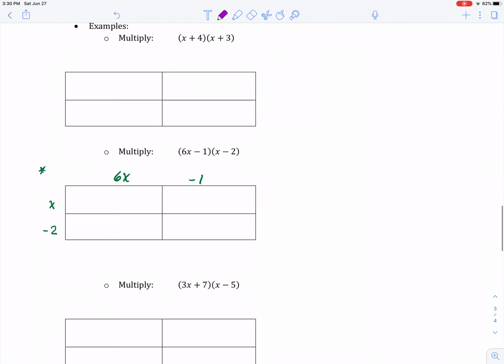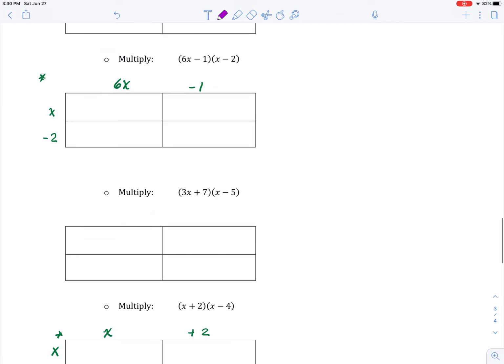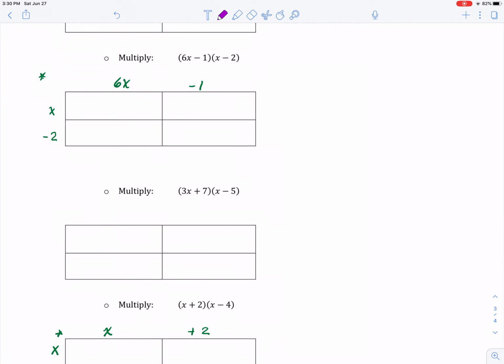All right, let me show you one more that's just a binomial times a binomial. So we'll do x times 6x, 6x to the second. I'm adding the 1 plus 1. X times negative 1 is negative x. Negative 2 times 6x is negative 12x.